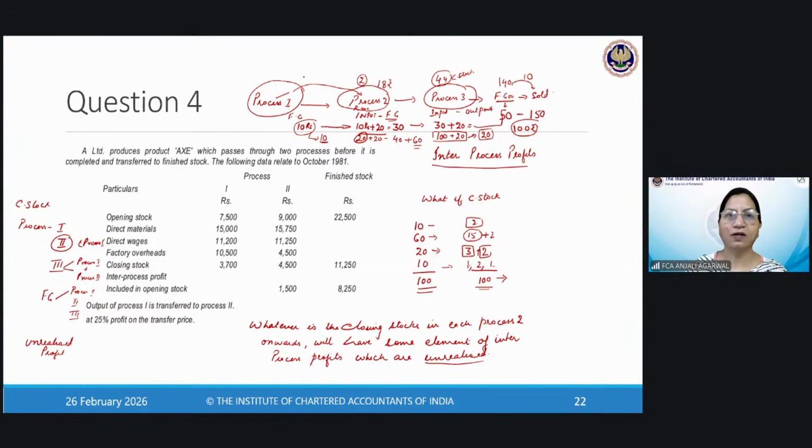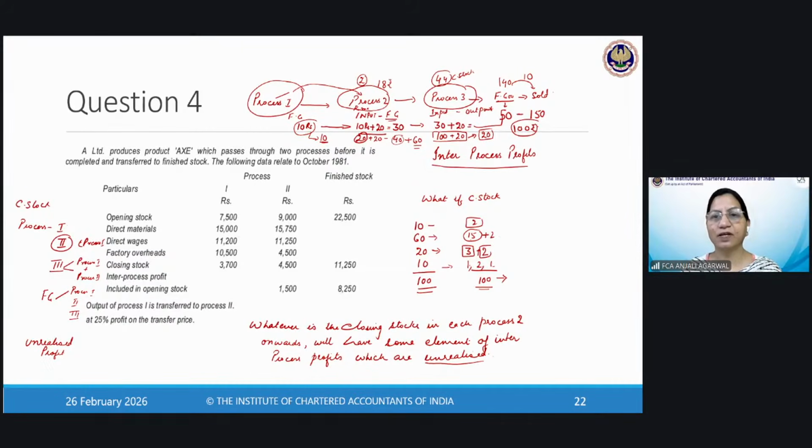So overall, it is tough to examine individual process profits. It is completely dependent upon previous profits, what margin it adds, and how much is coming from process one and how much you are adding. So for example, process two has 20 rupees coming from process one and another 20 it has done on its own. So the closing stock of finished goods is 40.